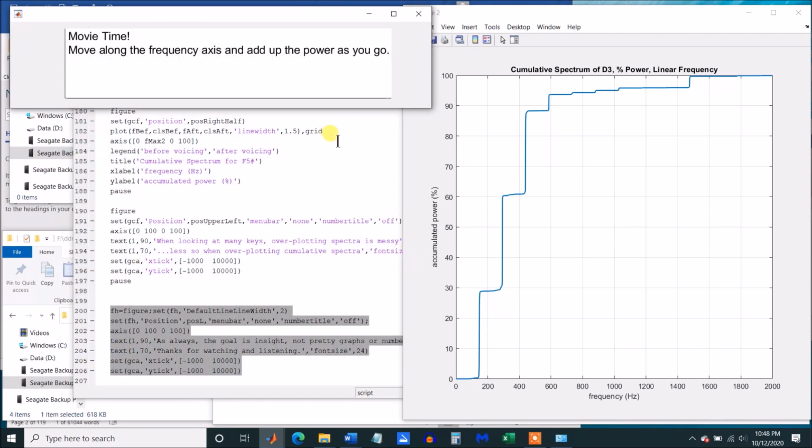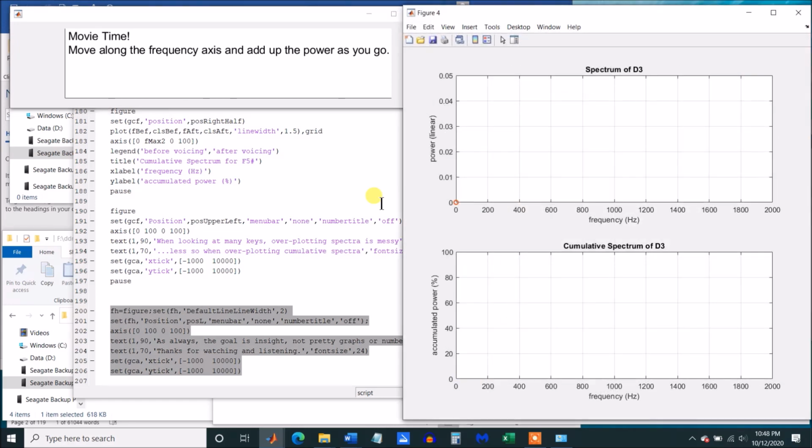Okay, time for a movie to try to illustrate this one more time. I've got the spectrum over here, and I've got the cumulative spectrum down here. I'm going to start here at 0 frequency and move along the frequency axis, and as I do, I'm going to accumulate the power and plot it down here. Okay, let's let her rip. Move it along, no accumulation. Whoop, there's an accumulation. Spike, accumulation, and so forth.